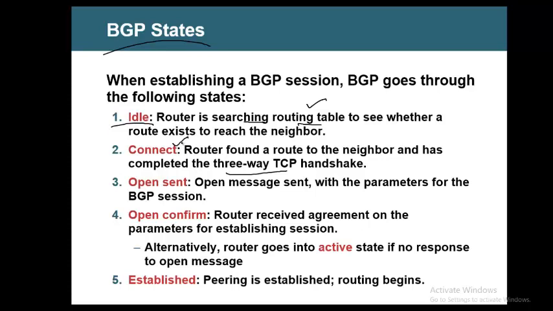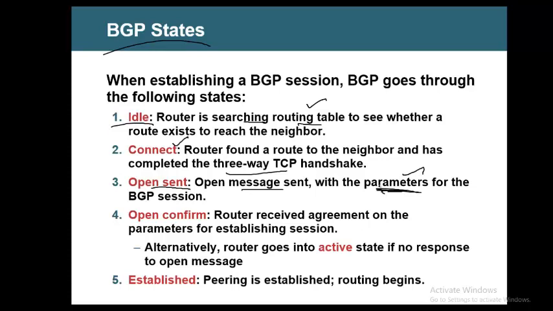Connect state is just, both can do the three-way handshake. If both neighbors can do the three-way handshake, then only the first message, the open message with the router ID and the autonomous system as parameters, is sent.